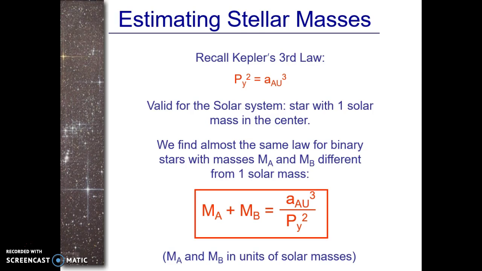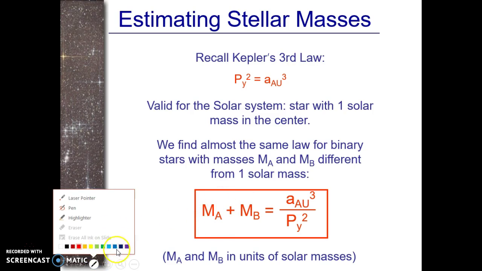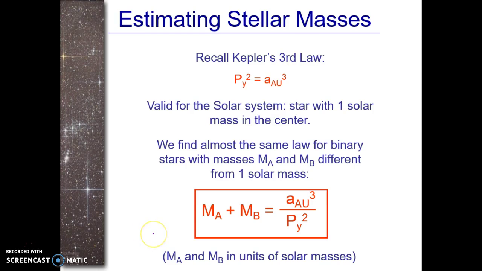But in our solar system, with one star in the system, we didn't have to worry about MA and MB. We just had the 1. So 1 was equal to a cubed over p squared, right? Where it says MA plus MB would always be 1, because in our solar system we just have that one star. We don't have a binary star system.